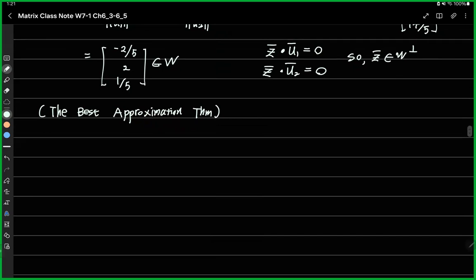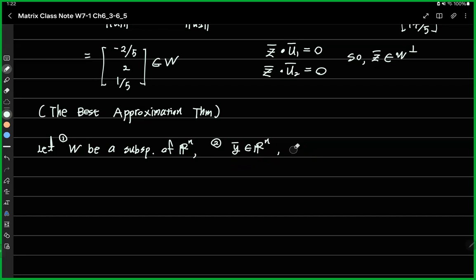Okay, so the statement is simple. Let W be a subspace of Rn space. Second, let Y be any vector in Rn space.